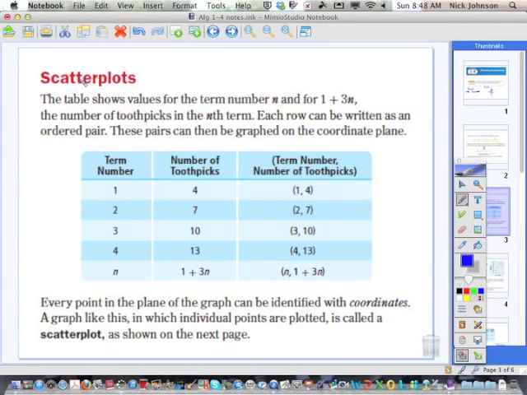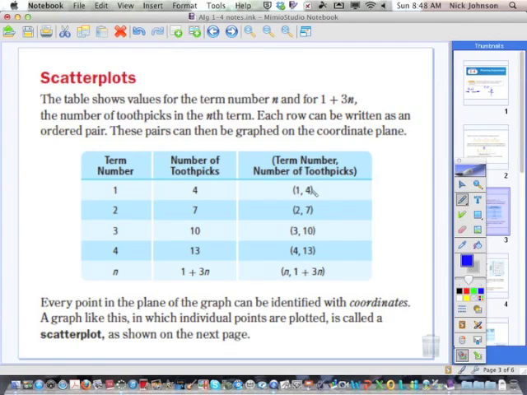Scatter plots. The table shows values for the term number n and for 1 plus 3n, the number of toothpicks in the nth term. Each row can be written as an ordered pair. These pairs then can be graphed on a coordinate plane. So if you notice, my first term had 4 toothpicks.